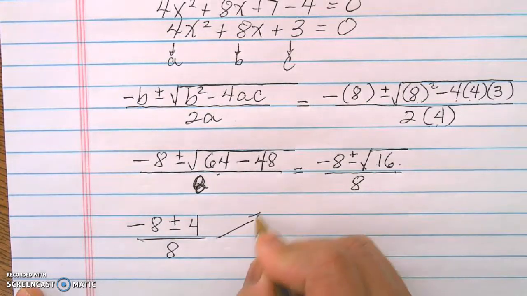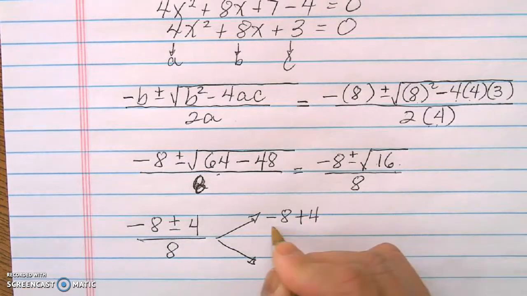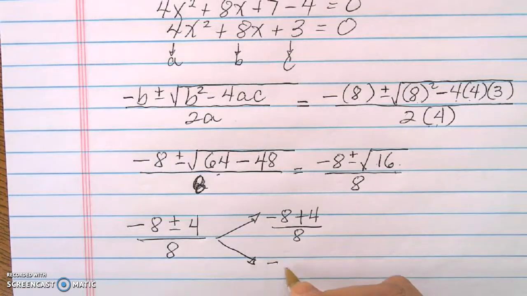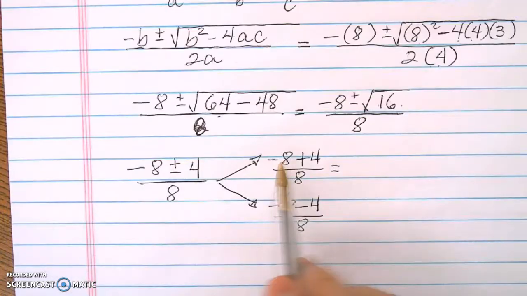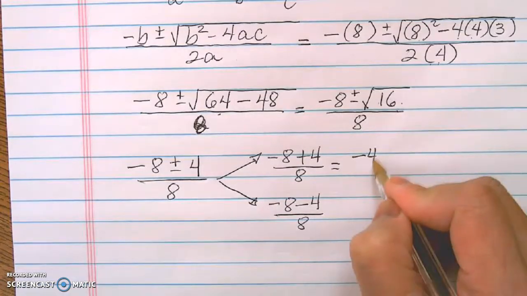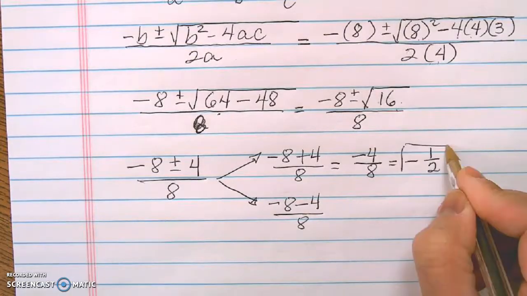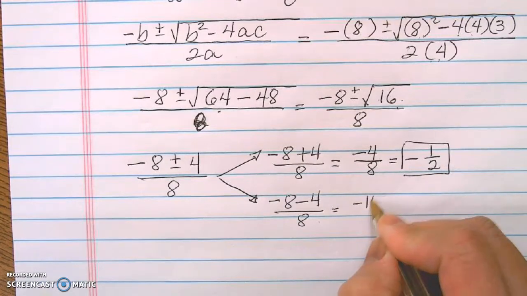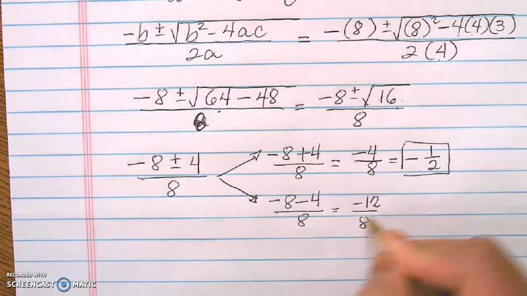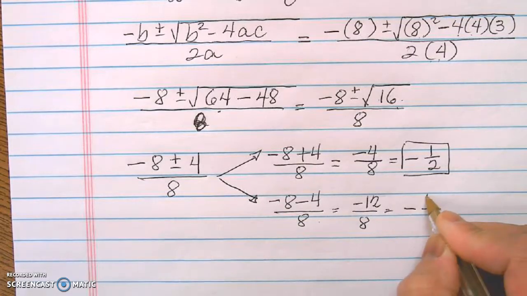Therefore, I have two answers. I will have negative 8 plus 4 all over 8, or I will have negative 8 minus 4 all over 8. So let's solve. This right here is going to become a negative 4 out of 8, which is a negative 1/2. Right here, I will have a negative 12 out of 8, which is a negative 3 out of 2.